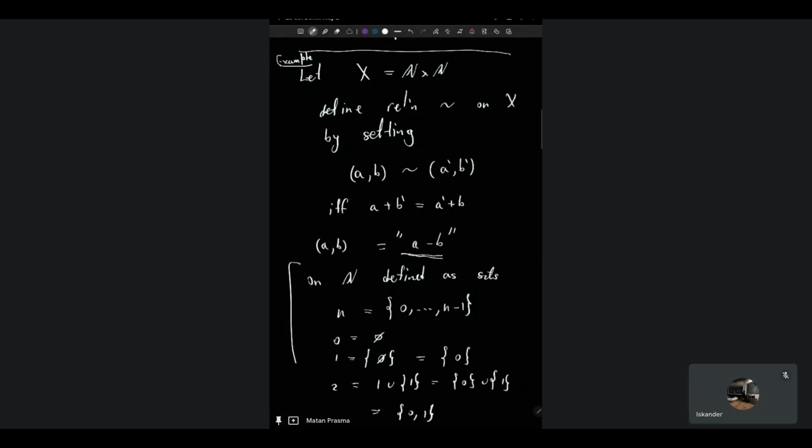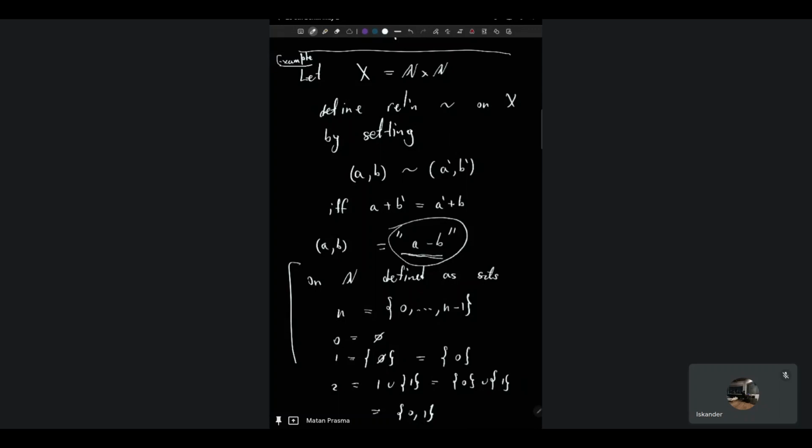But of course, if I simply take all pairs (a, b), then I get a lot of redundancy. So I need to define an equivalence relation to identify pairs (a, b) that would represent the same quantity a minus b.